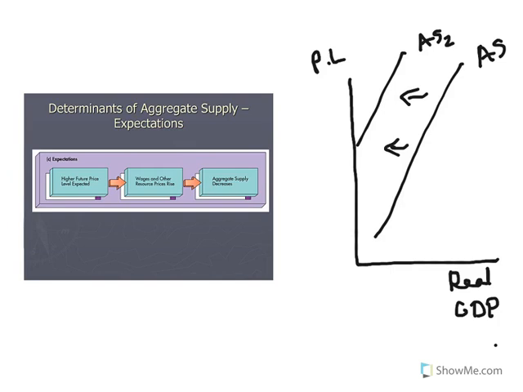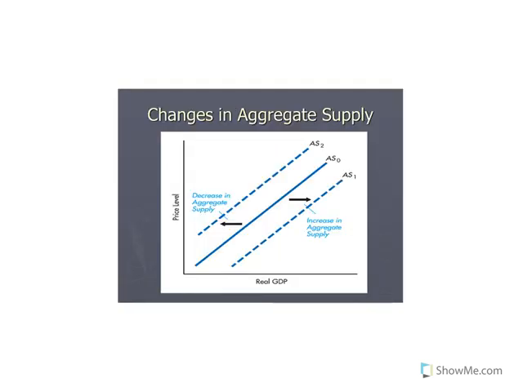Again, anticipated higher prices will cause the aggregate supply to decrease, whereas conversely, anticipated lower price levels cause aggregate supply to increase. So, of course, what's interesting about this is that just simply the expectation of price level changes shifting the aggregate supply actually brings about the price level changes.